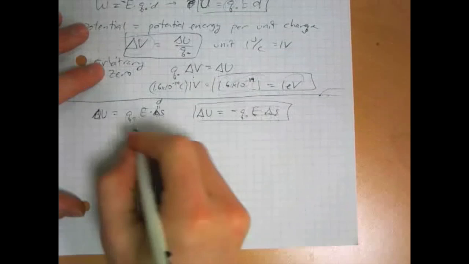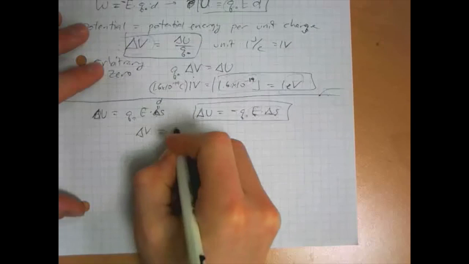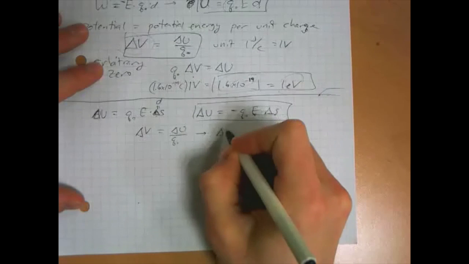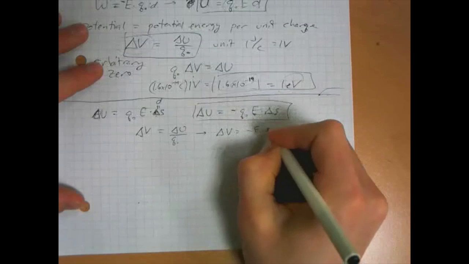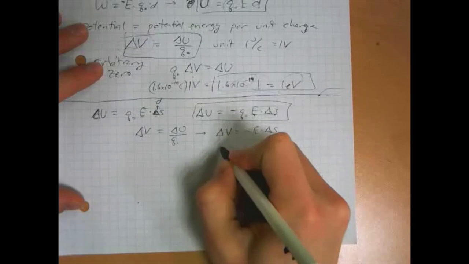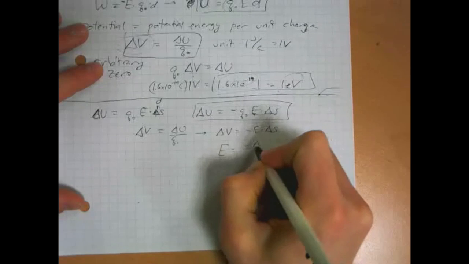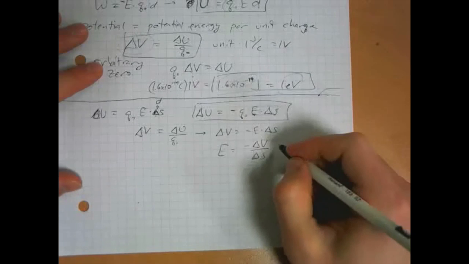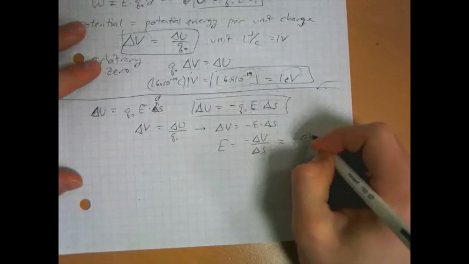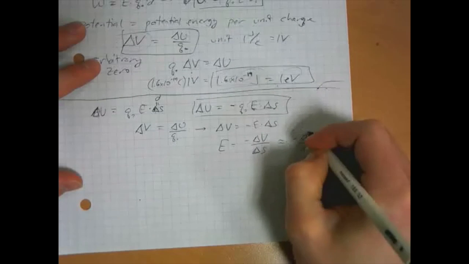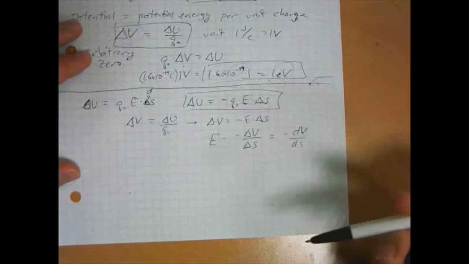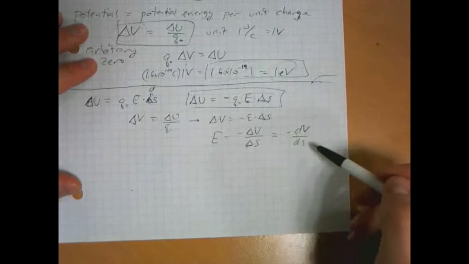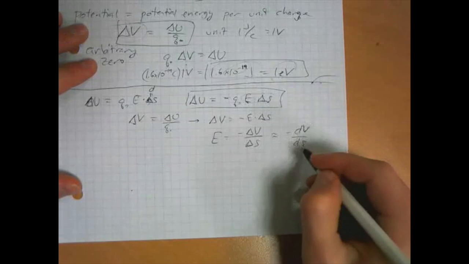Now we know our delta V is equal to delta U over Q naught, which gives us that delta V is equal to minus E times delta S, or that the electric field is equal to negative change in potential over the displacement. In reality, this is a derivative. So the electric field is the derivative of potential with respect to displacement or distance.